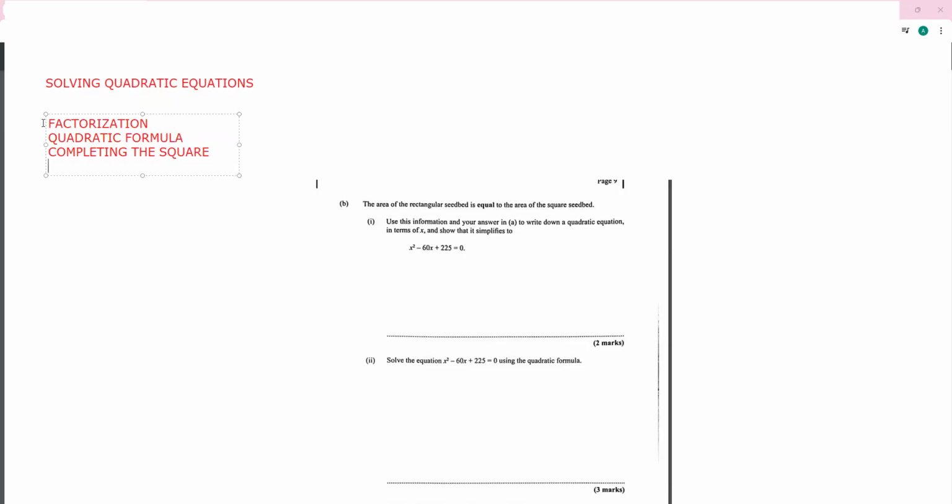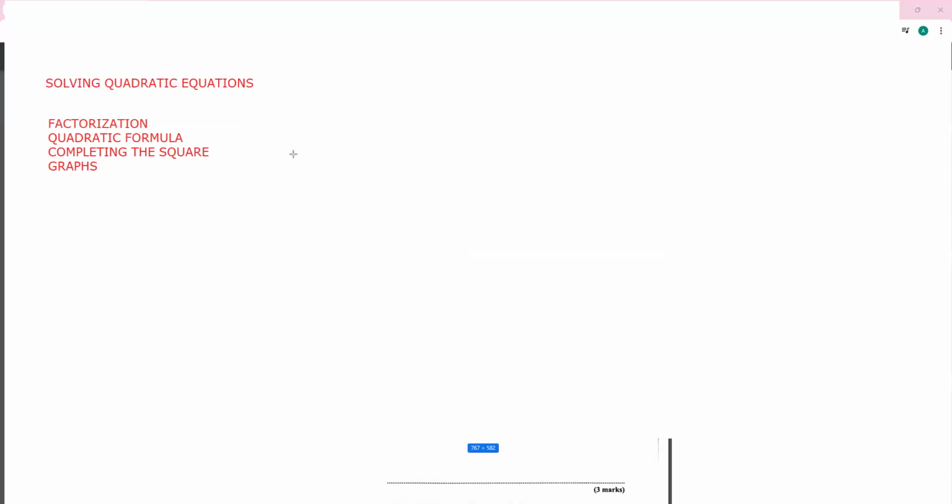And the fourth, using graphs. Now, we already completed factorization. So before I do this question, today's class, we'll make sure to get through solving quadratics by factorization and by the quadratic formula.